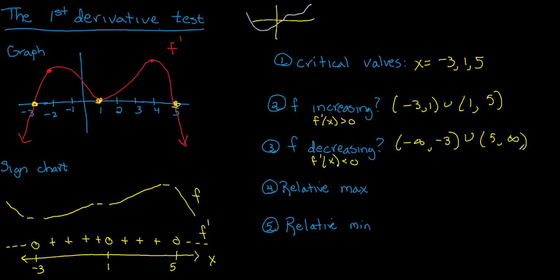Relative max at x equals 5. And we see that peak right here. It's like a little mountaintop. This just looks like a flat spot in the road, so that's not really anything too exciting at x equals 1. It's just a breather on our hike. But there is a relative min over here at x equals -3.